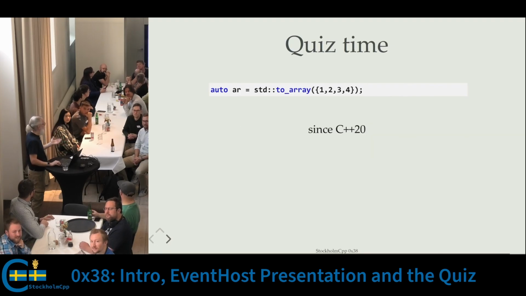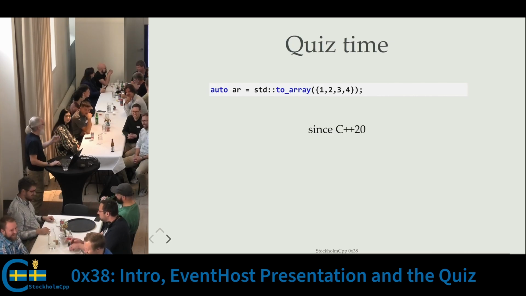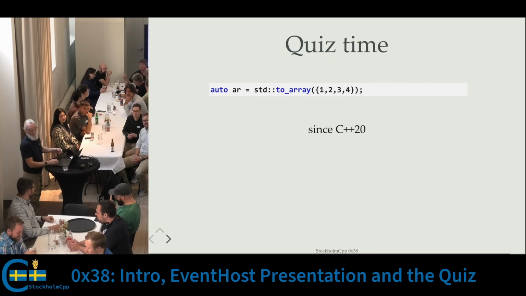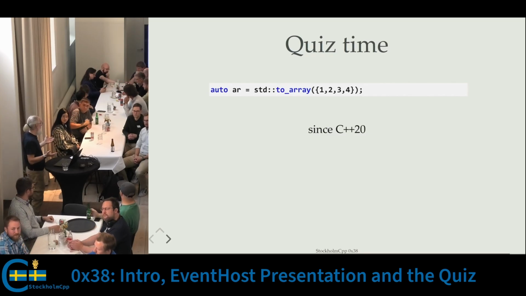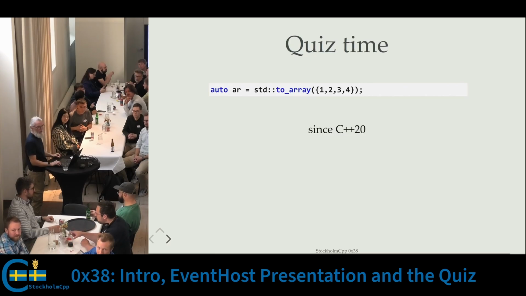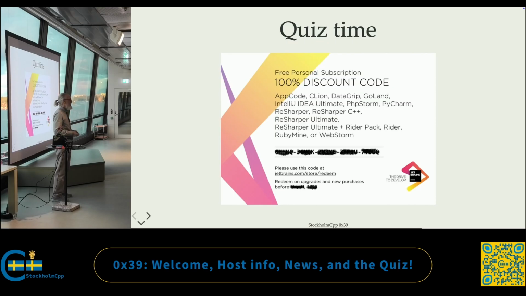It's to_array. One of the sweet utilities people forget that we have in the language, which makes everything much nicer. There are a lot of them, and you can use it in C++20. If you're not already on C++20, please move on. Go to 23 directly.